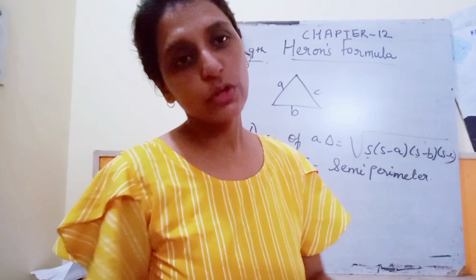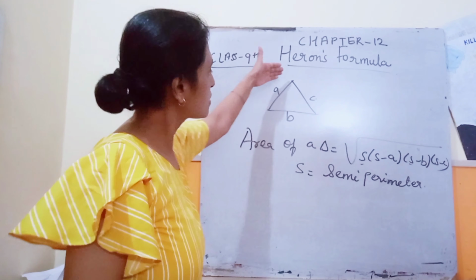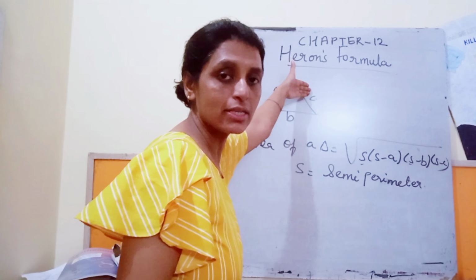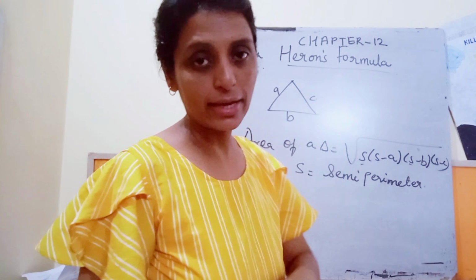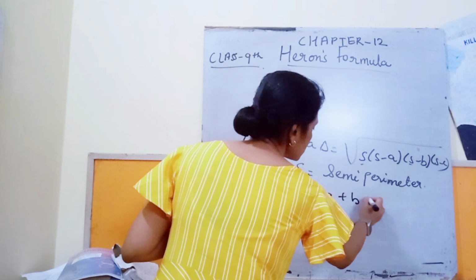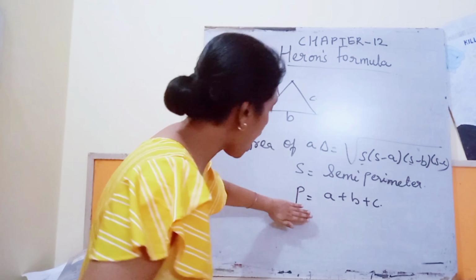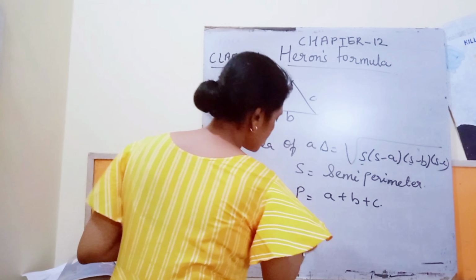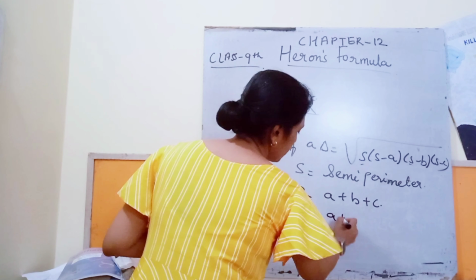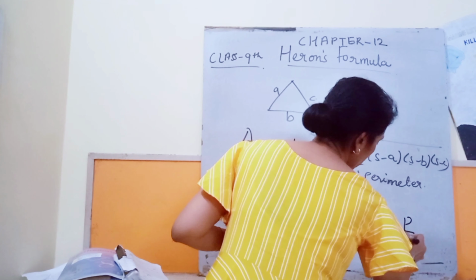Before that you should know what the perimeter of a triangle is. Perimeter means the sum of all the sides of a triangle. So P is equal to a plus b plus c. Semi-perimeter means half of perimeter, so s will be a plus b plus c divided by 2, or in other words P upon 2.